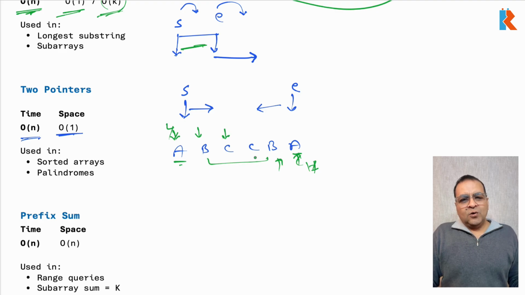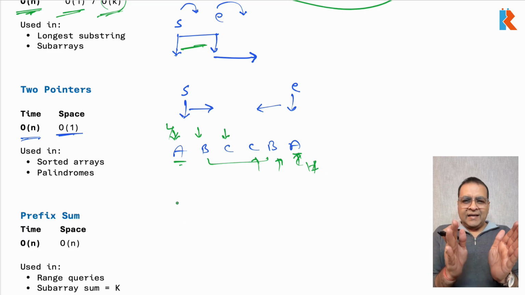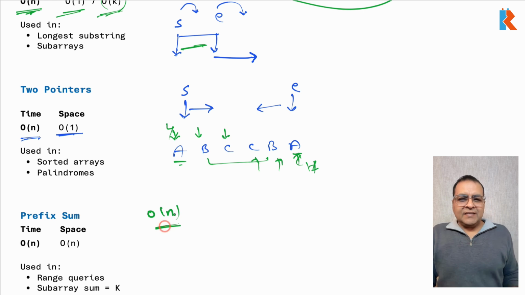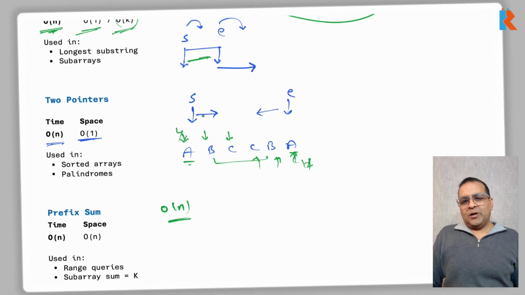So we again do low plus plus and high minus minus. We keep on increasing low and decreasing high until high crosses low. So when high goes beyond low, then we say that now since we have considered the entire array, we stop the loop. Therefore, the total time taken is order of n because every element is considered only once, either by the low pointer or by the high pointer.